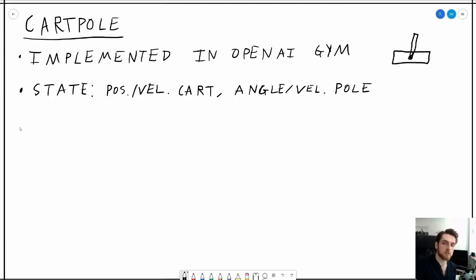So these are continuous degrees of freedom. So it's the velocity and position and the angle and everything can all take any value within some boundary, at least for the position and the angle. The velocity is unbounded, it can take any value. And the actions are simply to apply a force left or right.